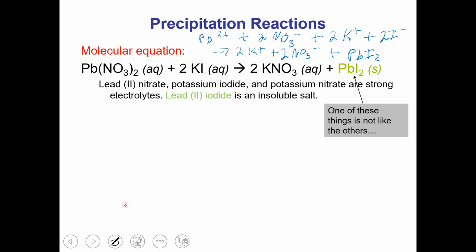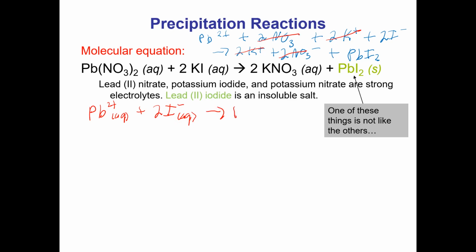Now if we're going to boil this down to the net ionic equation, we can cancel out the nitrates because they show up on both sides, and we can cancel out the potassiums because they show up on both sides, and we're left with Pb 2+, which is in solution, plus 2 I-, giving PbI2.